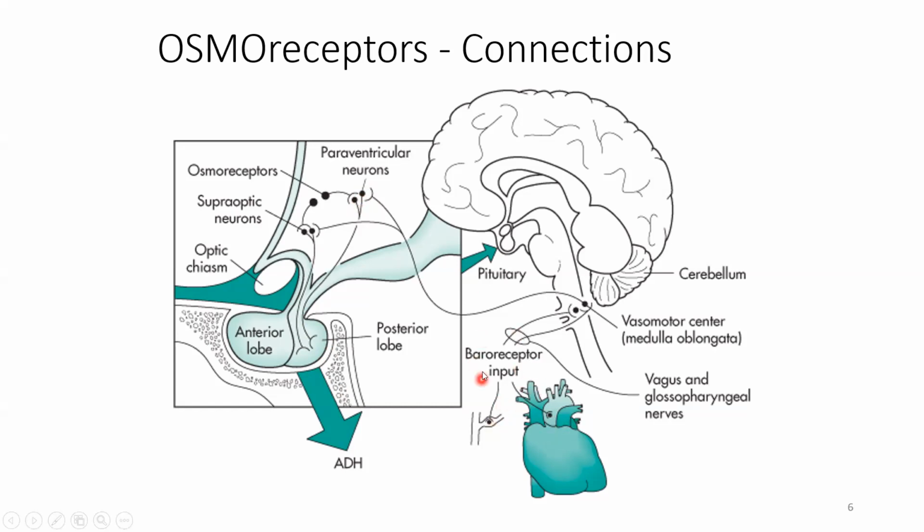Interestingly, this whole system has a link from the vasomotor center, which you remember from circulation, the baroreceptor reflex, which brings in pressure-related information from the blood vessels to the vasomotor center. This has an input on both nuclei, as you can see clearly from here. These nuclei are under two influences.